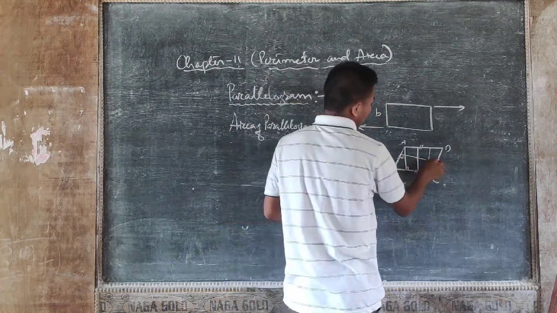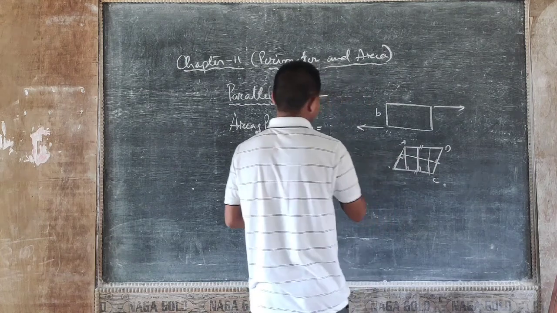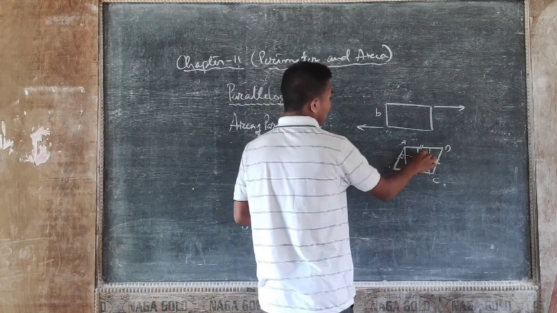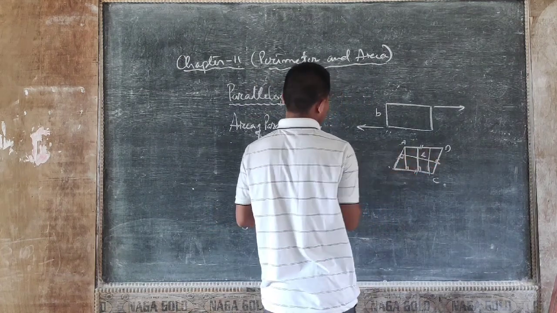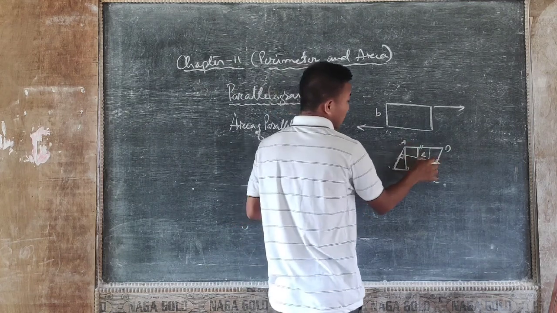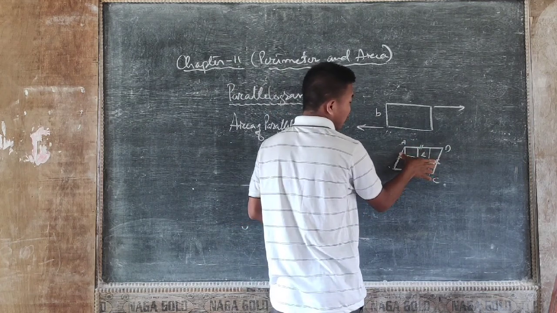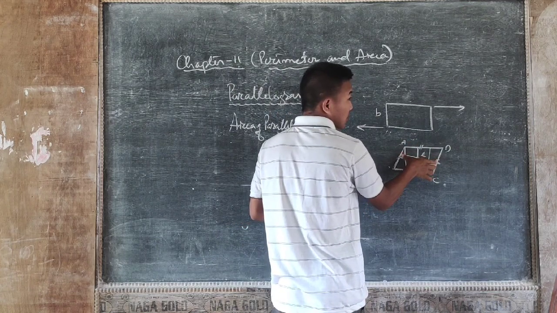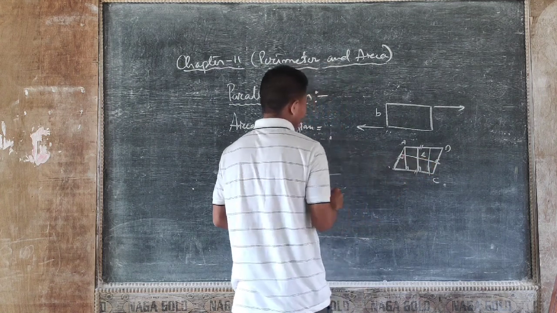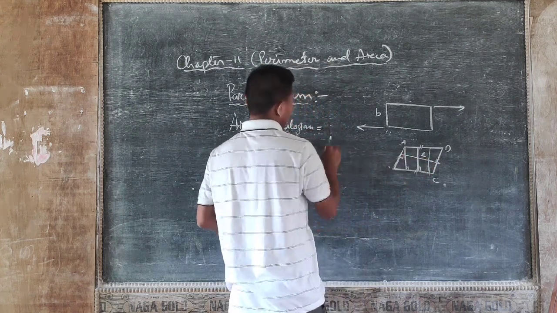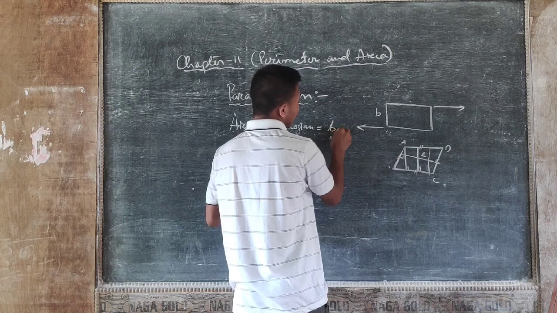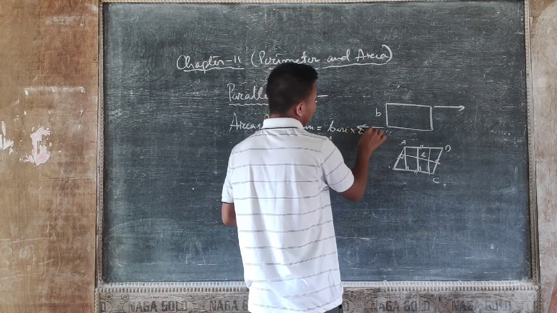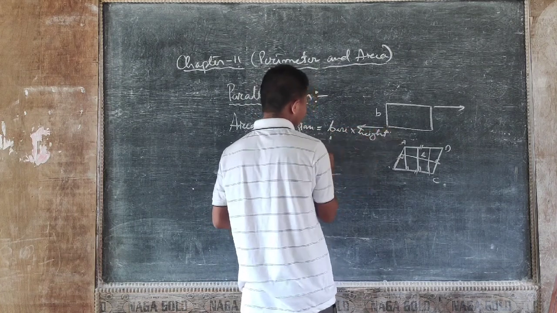So the straight line which you draw will be your height, and the side on which the height stands will be called the base. Remember, so area of parallelogram will be base into height. Remember this, base into height.